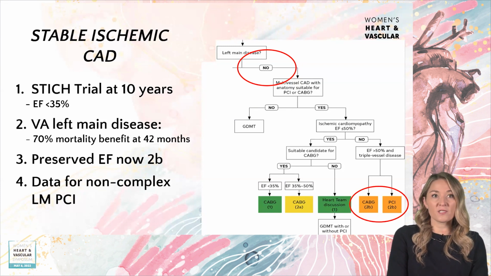These older trials, such as the STITCH trial, were performed when we didn't have as many good medical therapy options. Statins weren't widely used during this trial, and anti-anginal therapies weren't quite as aggressively used. So we've come a long way with medical therapy.